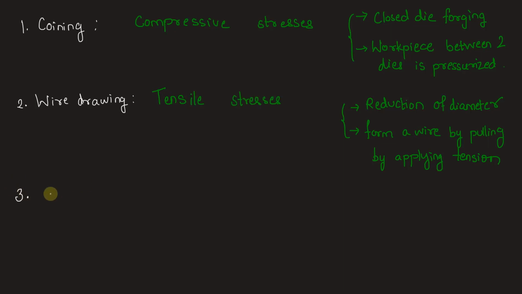Next one is blanking. Now blanking is nothing but a sheet metal operation where a shape has to be cut out from the workpiece or from the sheet metal. So there is a shear failure happening in order to make the cut happen.